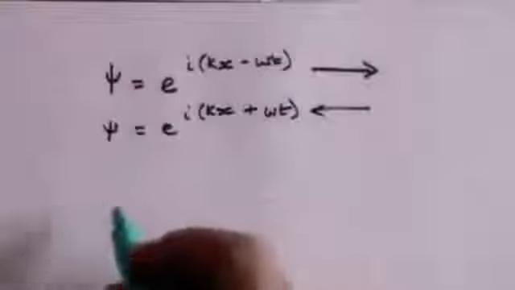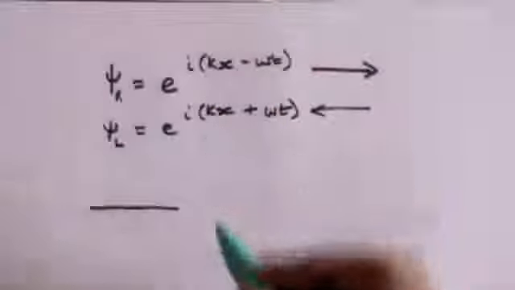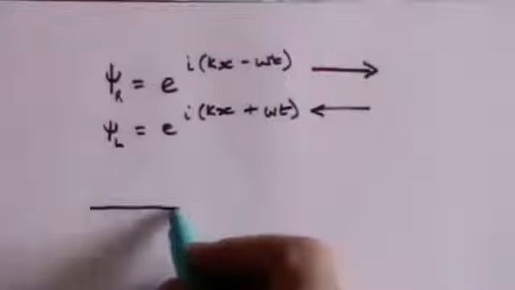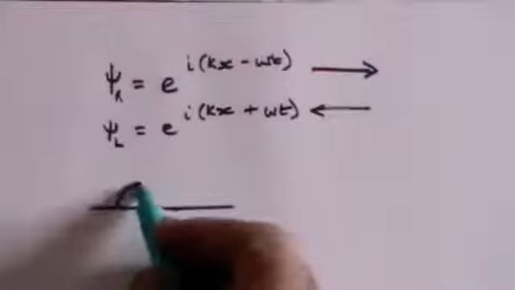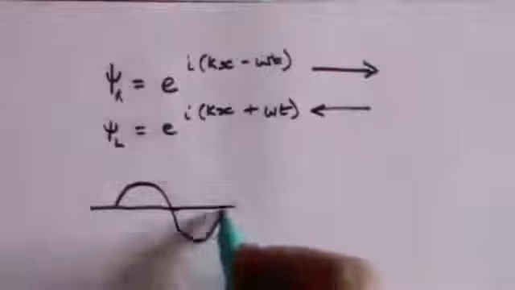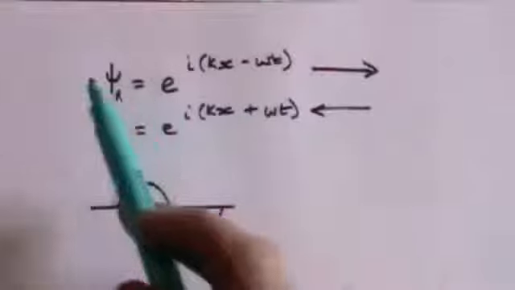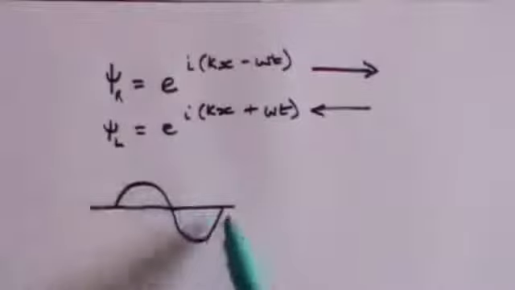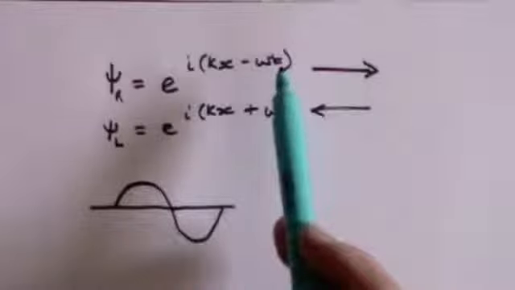What do I mean by that? Well, if you plot, I shall call that, therefore, psi right, that's psi left. It means it moves to the right or moves to the left. What do I mean by that? Well, let's just draw one complete wavelength of the psi right term. And that is what the wavelength looks like when t equals 0.